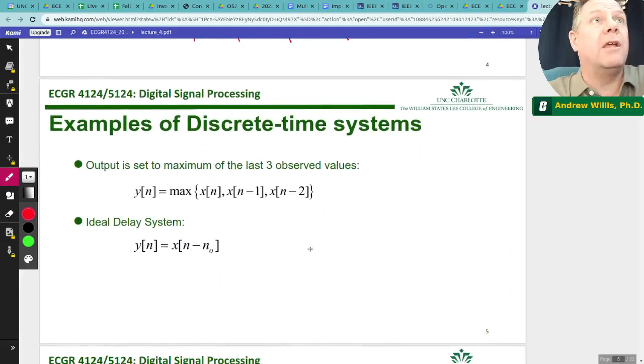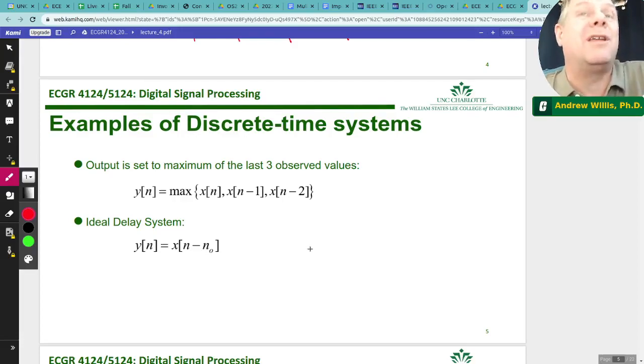Okay, examples of discrete systems. Well, you can define any system, anything that takes input values and makes output values, as a discrete time system, as long as the input is discrete and the output is discrete, so defined at integer values. Then it can be represented as a discrete system. So here I take a max value.